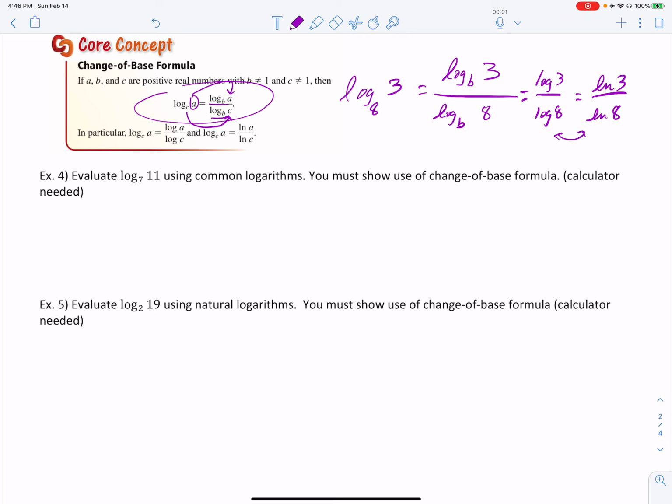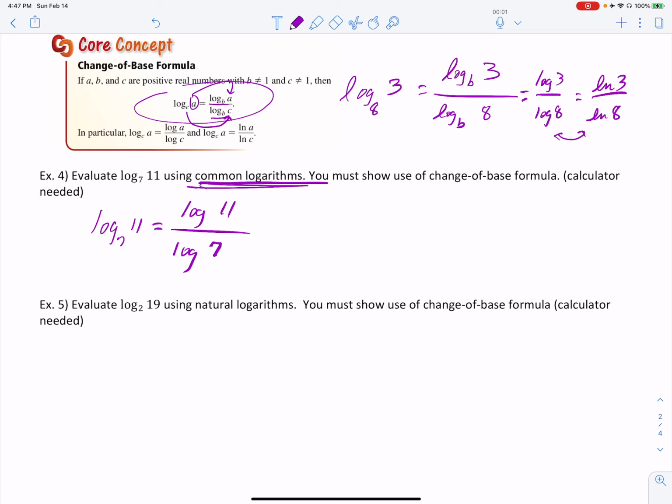And so examples of this is in example 4. It says evaluate log base 7 of 11 using common logarithms. You have to show change of base, and you will need a calculator. So log base 7 of 11, and you need to know common logarithms are base 10, and so we write it log over log. The base is understood to be 10, and the argument of the original goes as the argument of the numerator.